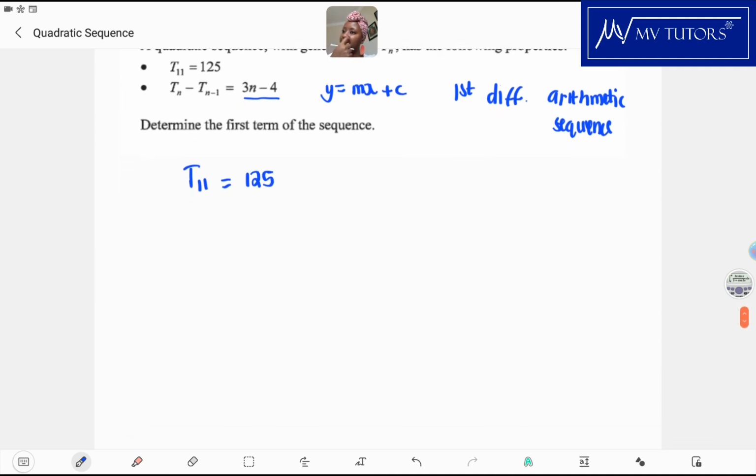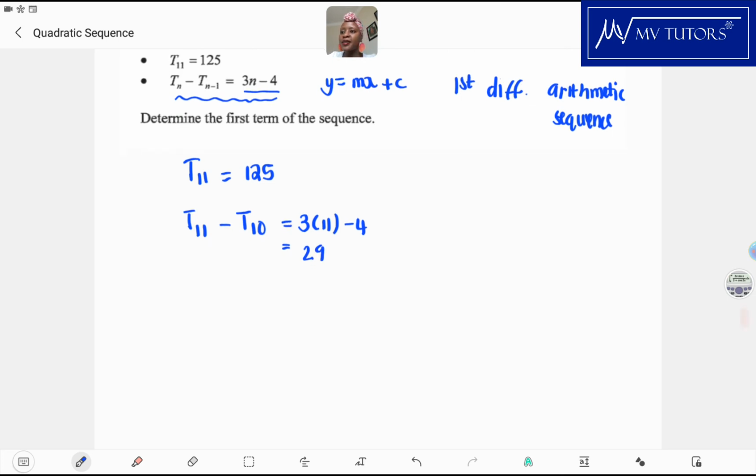If I were to take this equation that they gave us, if I were to say T11 minus T10, okay, that would be 3 times 11 minus 4. So that would be 33 minus 4, that is 29.